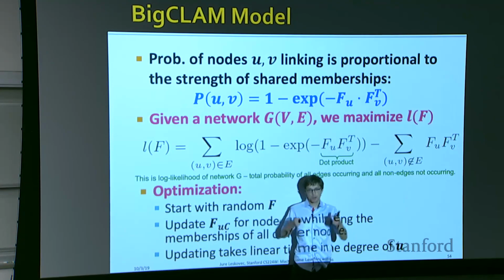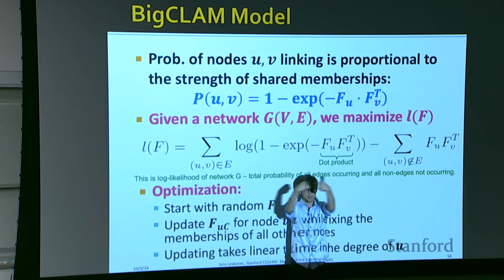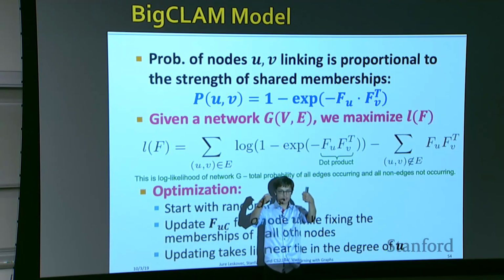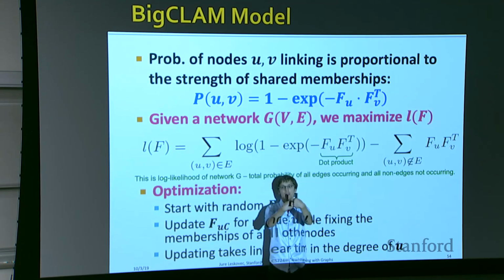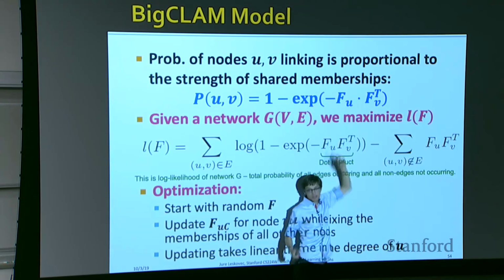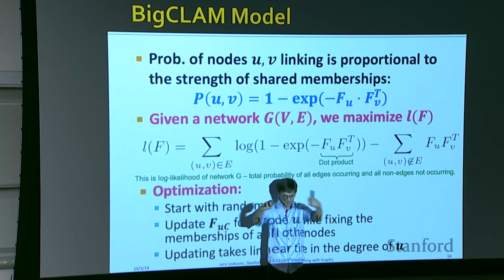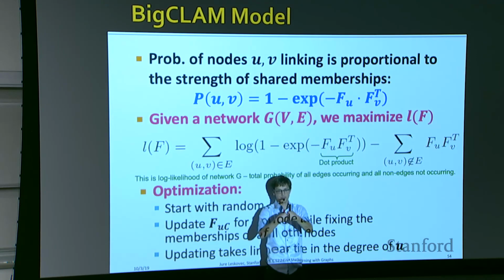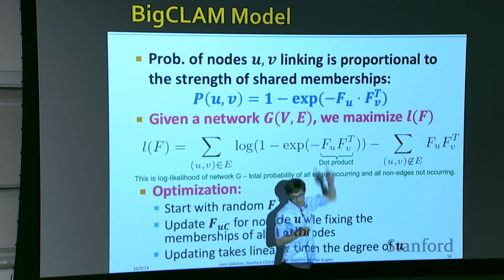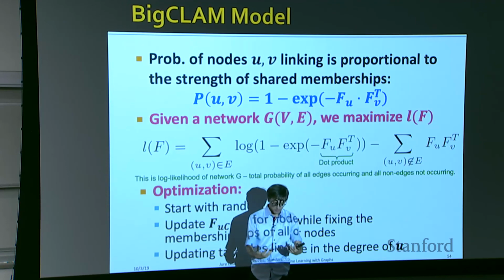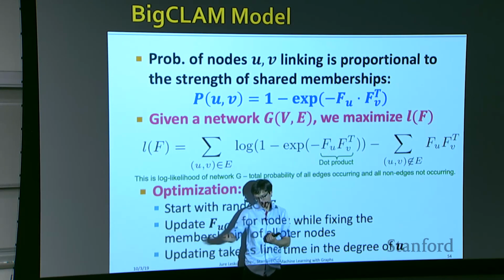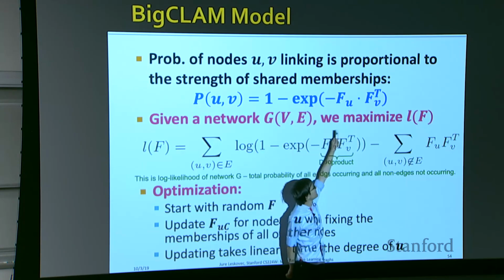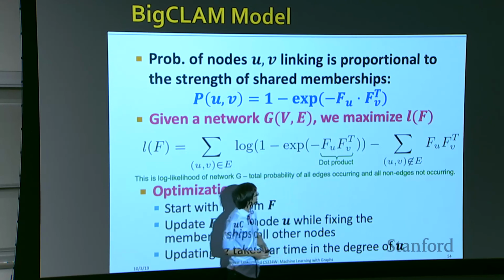Why are we doing it this way? Because what is a dot product? If you have two vectors, you multiply their coordinates and sum them together. So if one of the entries is 0, then the product will be 0. So this product will be non-zero only over the communities where u and v both belong. The total strength of the link will be proportional to the product of their memberships, and then we are summing this over all the joint memberships.